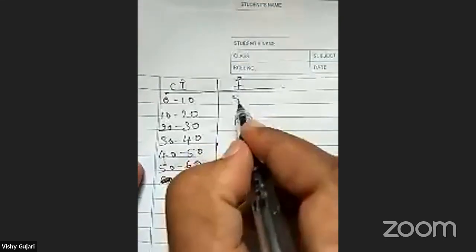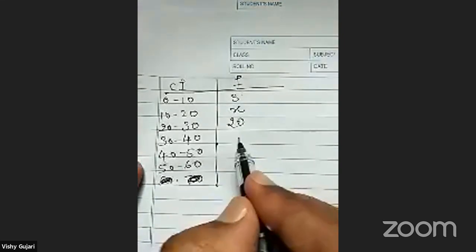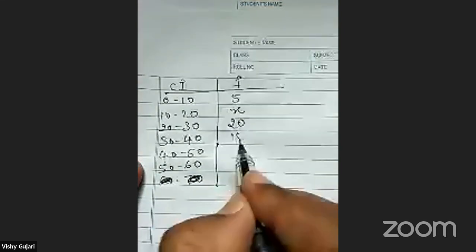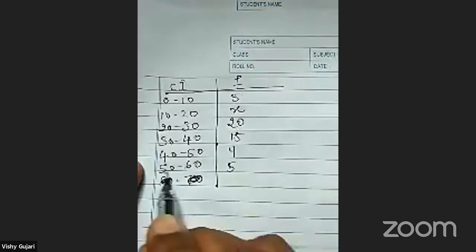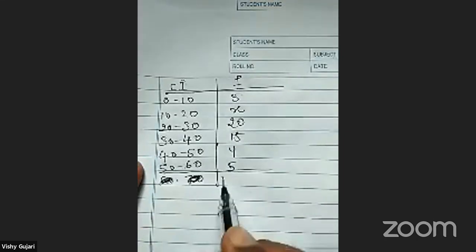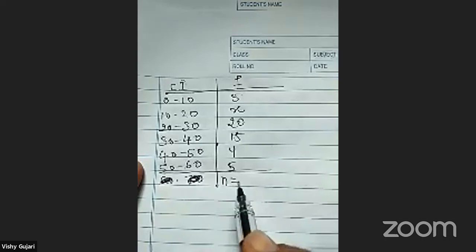F: 5, x, 20, 15, y, 5. N is equal to 60, which is given.